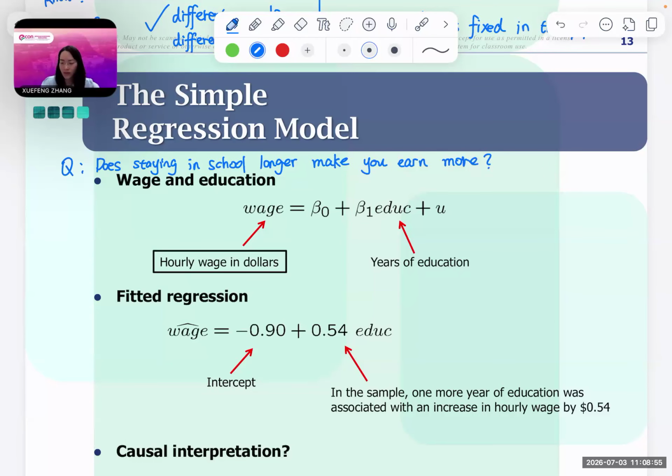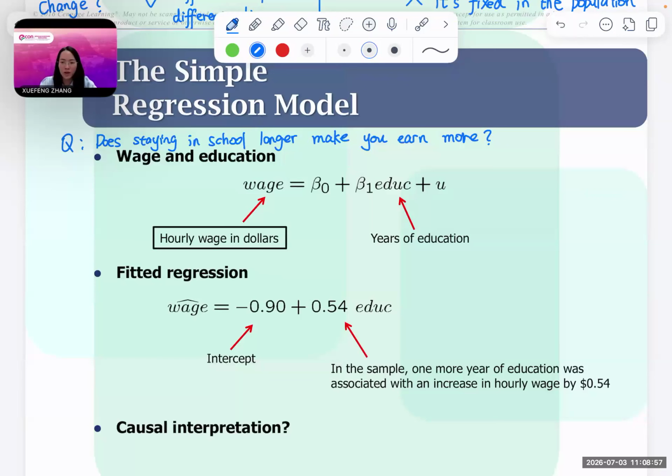This is our question that we want to answer. So here we have our y, which is hourly wage. y equals beta 0 plus beta 1 education, where education is years of education, plus mu. Okay, other factors.